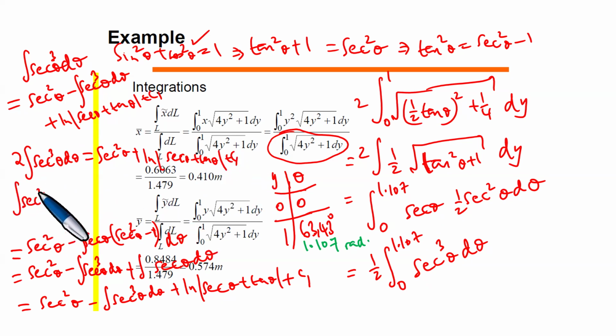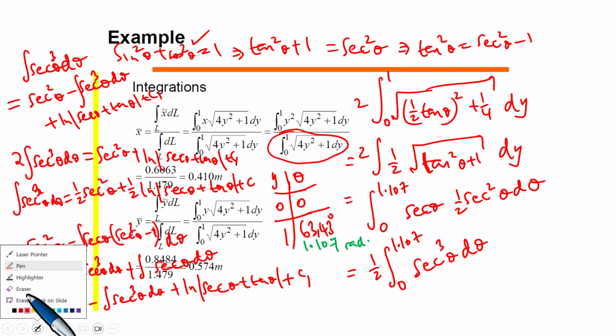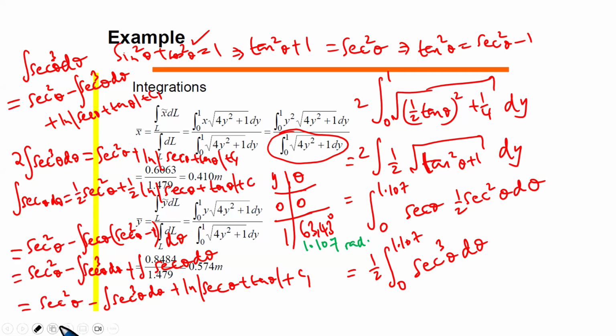So the integral of sec cubed is 1/2 sec squared plus 1/2 the ln of sec theta plus tan theta. We can divide by 2, but it's going to be C. So we have found the integral of the cubic secant function.